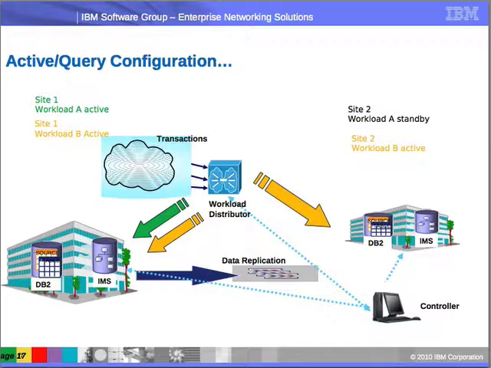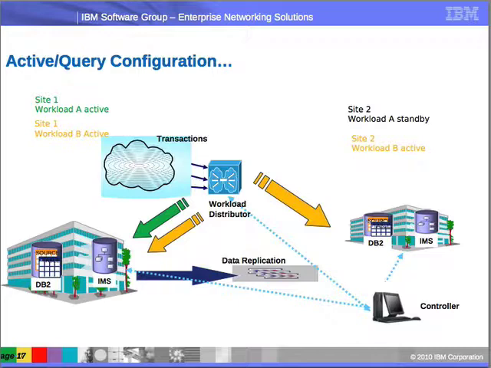And what we'll actually use in this active query configuration is we'll actually monitor the data replication. Essentially, we call it the database replication latency, how long it takes for updates that are occurring in Site 1 to make it over in Site 2, and the workload distributor can take that into account on how it routes query transactions.